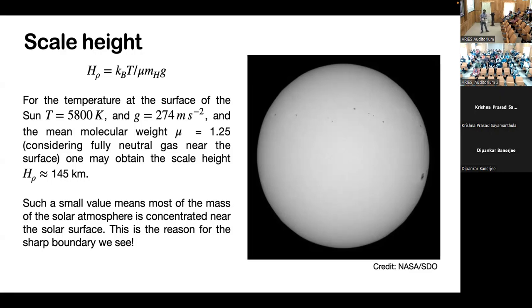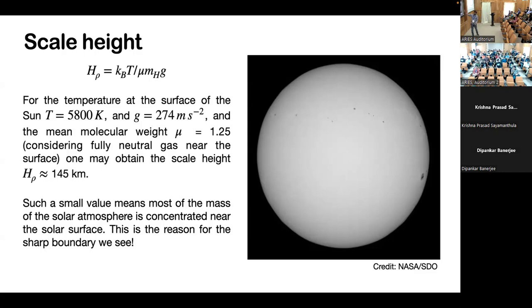Then the density scale height comes out to be 145 kilometers. What it means is that the density falls off exponentially. Within 145 kilometers above the surface, about 60% of the density is reduced from the surface, right? So that's what it means.